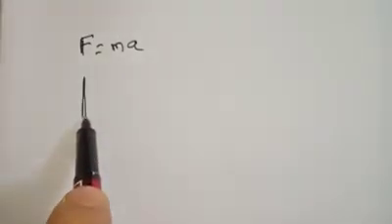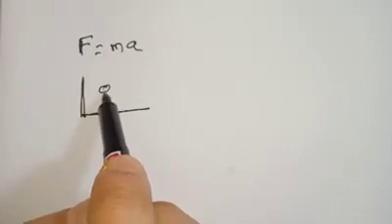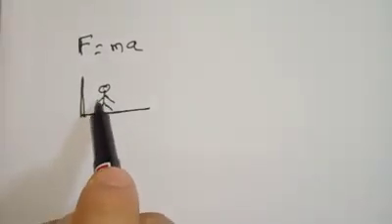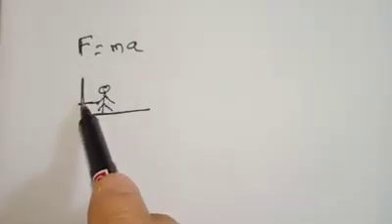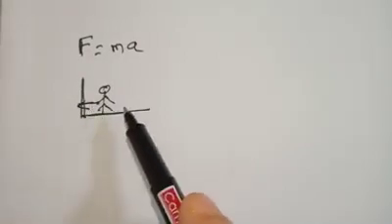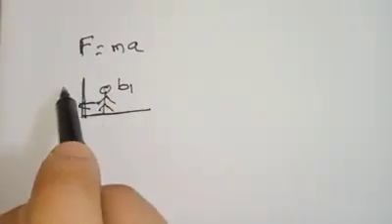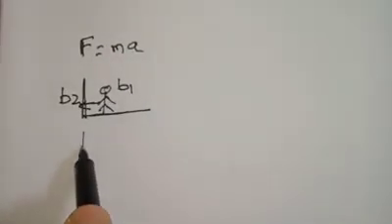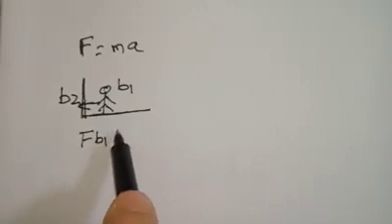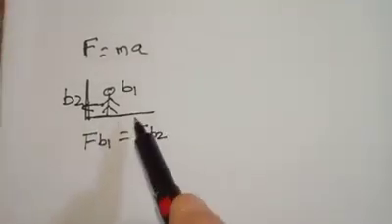Let me quickly draw a diagram for you. If this is a wall, and I am standing here leaning on the wall, that means I am exerting a force on the wall. That means the wall is equally exerting a force on me. So if I write myself as body 1 and use body 2 as the wall, then the force exerted on body 1, that is F on B1, will always be equal to the force exerted by body 2, that is the force on body 2, the wall.